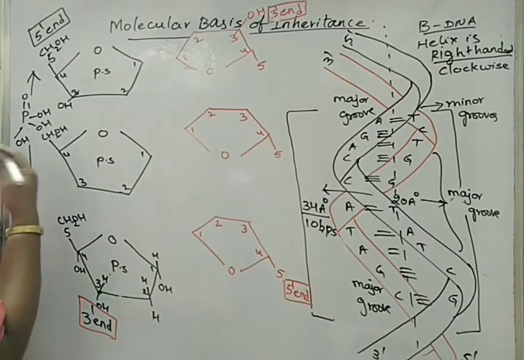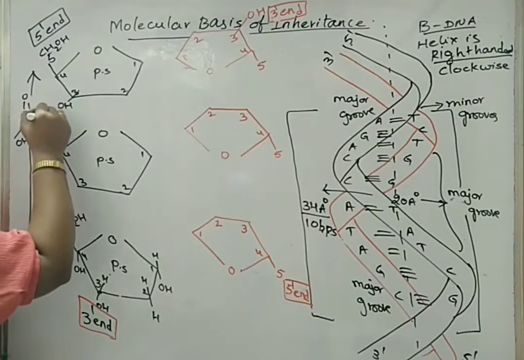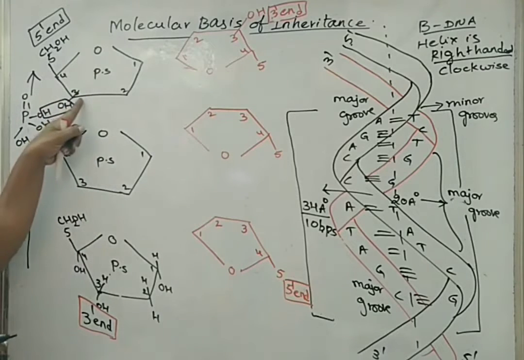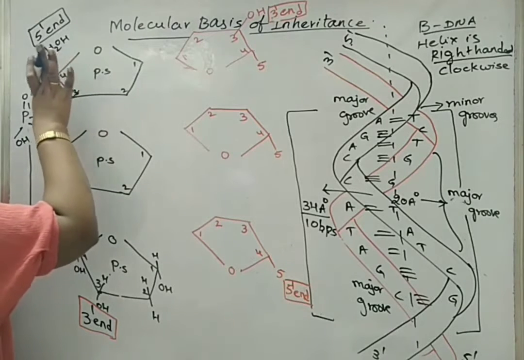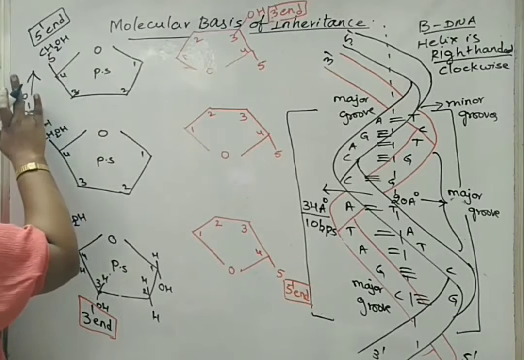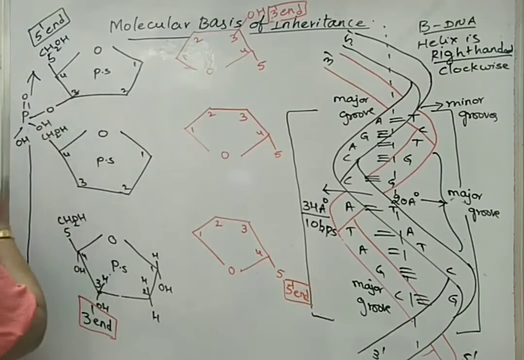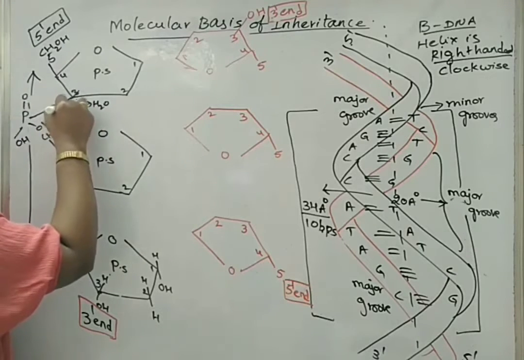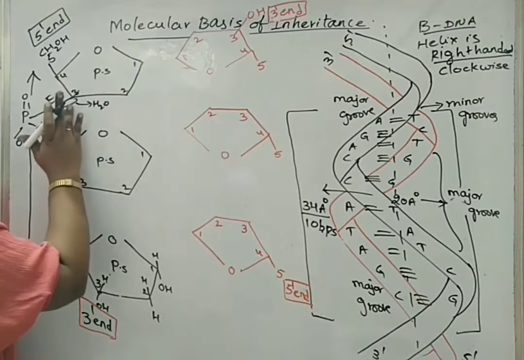In the previous biomolecules topic, when discussing nucleic acids, I told you the hydrogen of the phosphate binds with the hydroxyl group of the 3' end of one pentose sugar and is removed in the form of water. Removal of water is called dehydration. So when the water molecule is removed, it forms an ester bond.